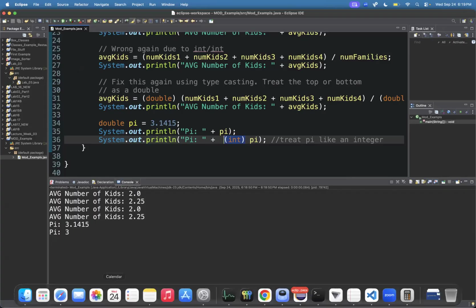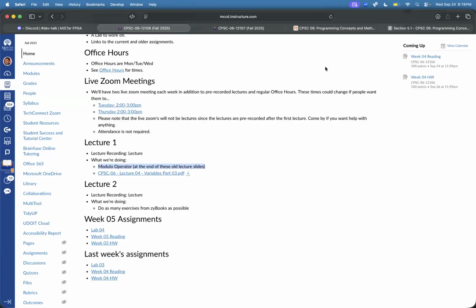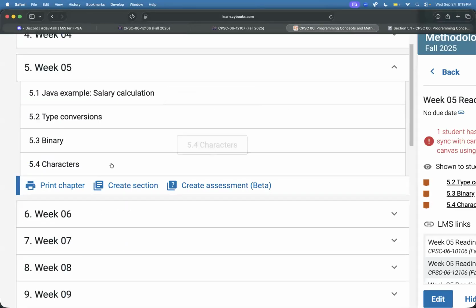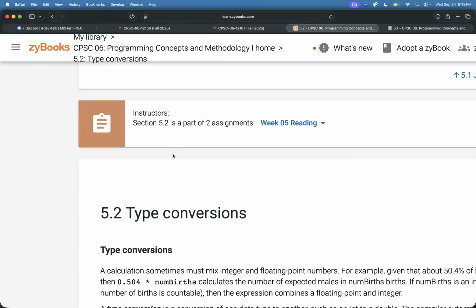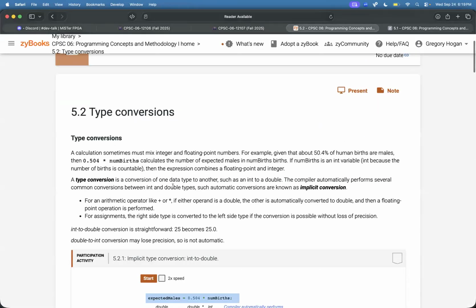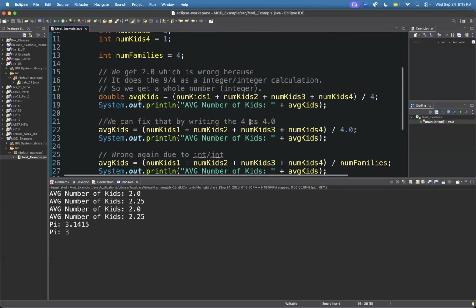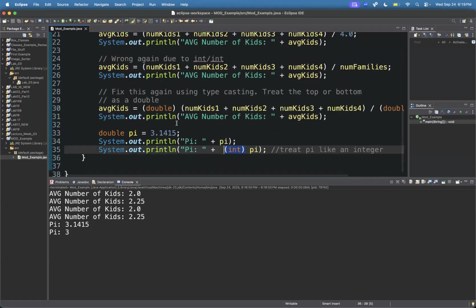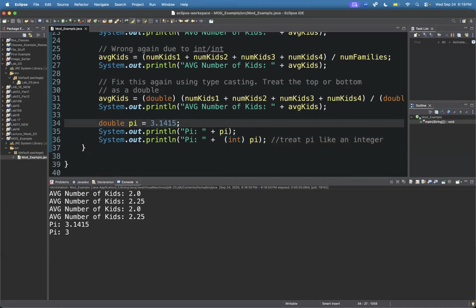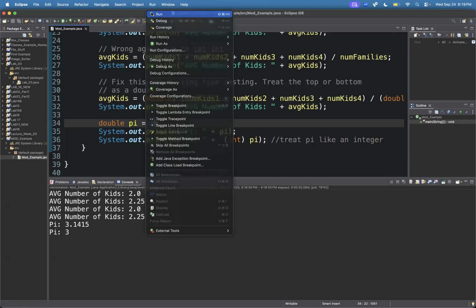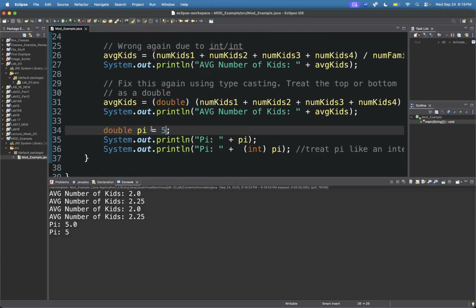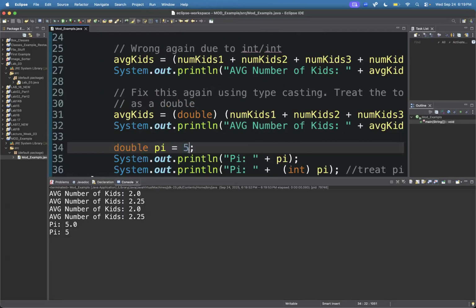Simple as that. Now, just to show you what's in the Zybooks for this, we'll go there, type conversions. They'll explain all this. They'll also explain that this can happen automatically. Like if I do, well, this is kind of silly, but it's not pi anymore, if I put 5 there, 5 is an integer, right?